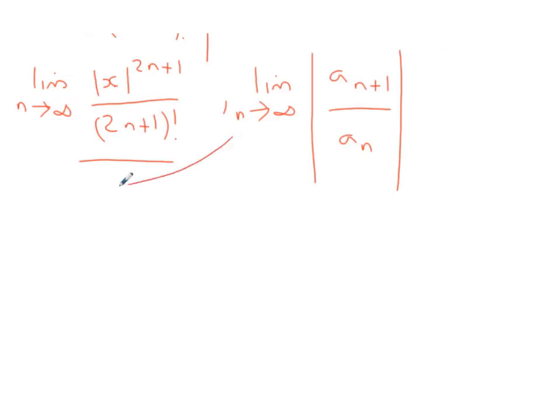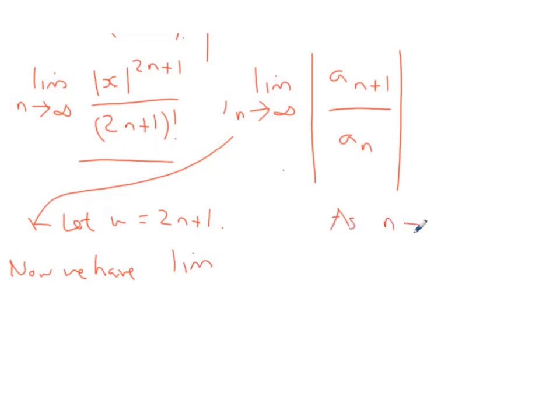Right, so the 2n plus 1 is making the algebra difficult. So what we can do is let u equal 2n plus 1. Now for the limit as n approaches infinity of a n plus 1 over a n, as n approaches infinity, u equals 2n plus 1 also approaches infinity, so we don't need to worry too much about that.